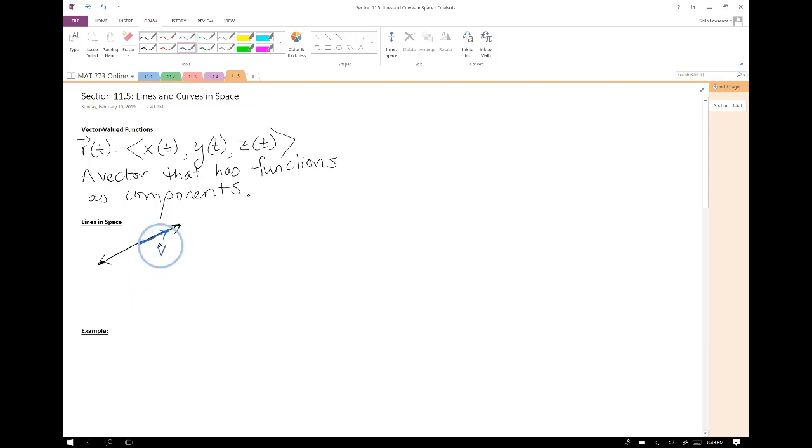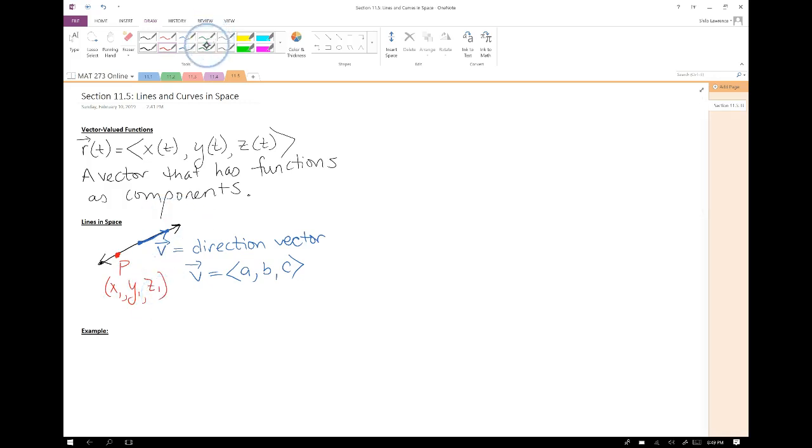So we would have this direction vector we call v, and we would know the components for v. Let's say they're a, b, c. We would also need to know a point on this line, and we'll call that P. And it has coordinates x1, y1, z1.